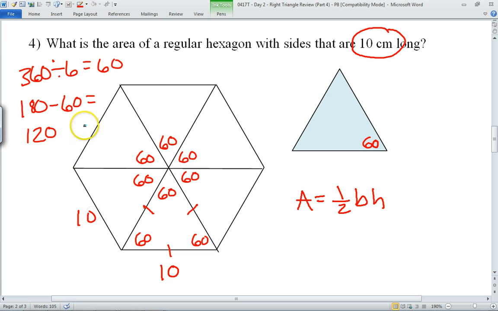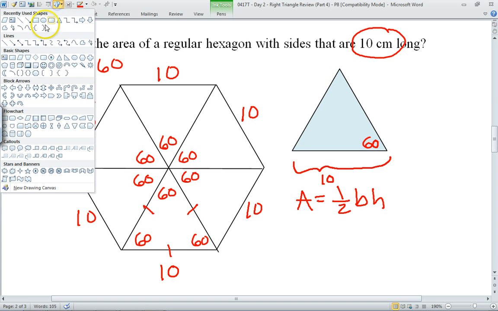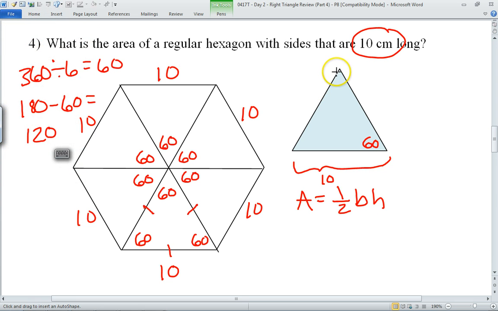So this is like 10, 10, 10. And these are equilateral triangles. So every side of these triangles has length 10. So we already know that the base of this triangle is 10. All we need now is the height, and we're good. So let's go ahead and draw that in. So here is the height of the triangle.